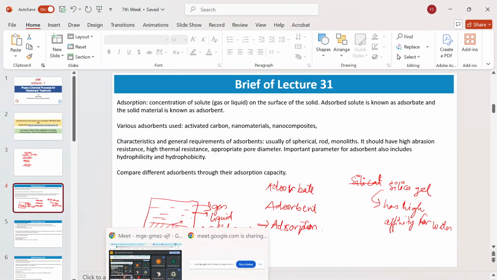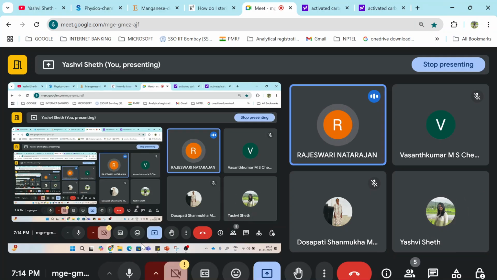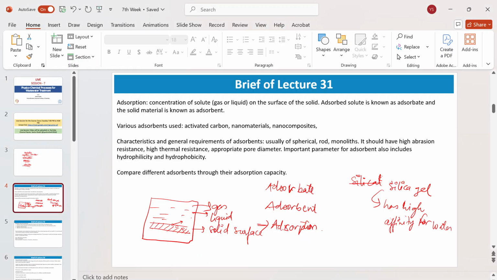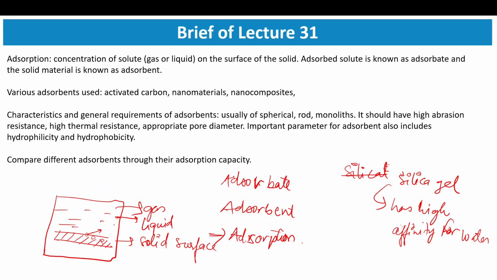Yes, ma'am. Okay. So there are multiple adsorbents which are further used. This was one example. It can be used for some different applications as well.